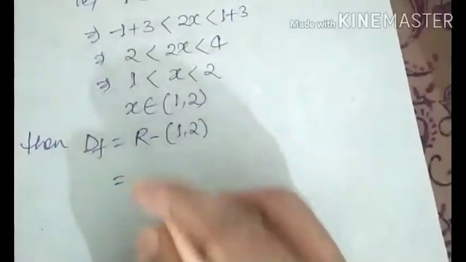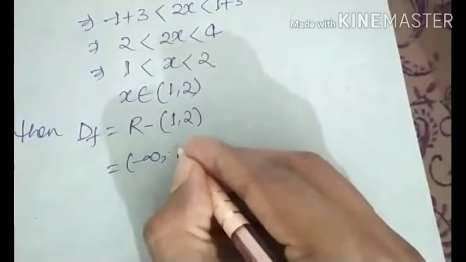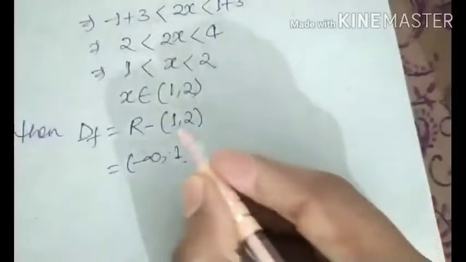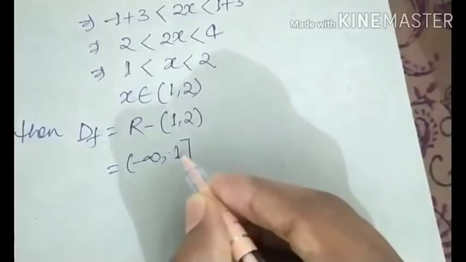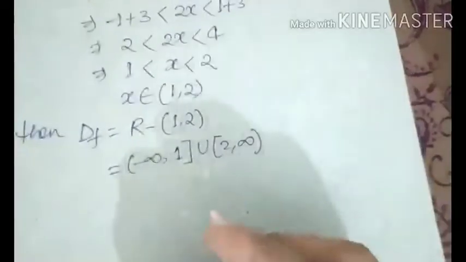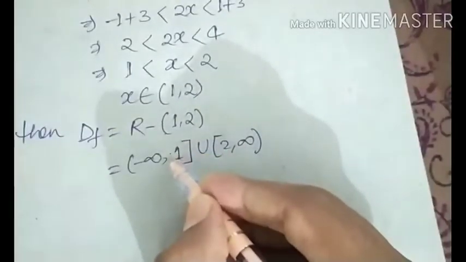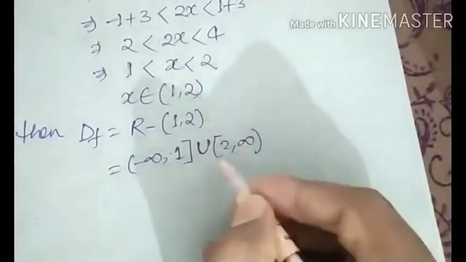We can write it in another form: minus infinity to 1 closed. We are subtracting an open interval, so we have to take a closed interval, union 2 to infinity. This and this both are the same, but written in a different way.